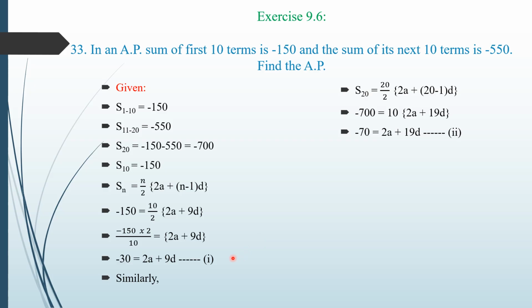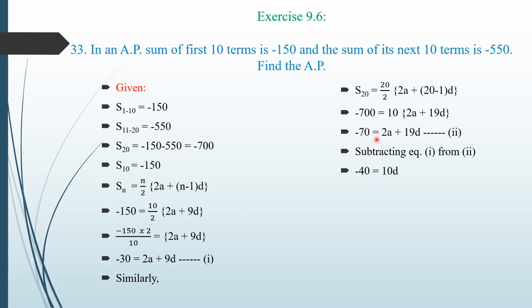Now I have equation 1 and equation 2. Solving these two equations by the elimination method, that is by subtracting equation 1 from equation 2, I get minus 70 minus of minus 30, which will be minus 70 plus 30, that gives me minus 40 here.